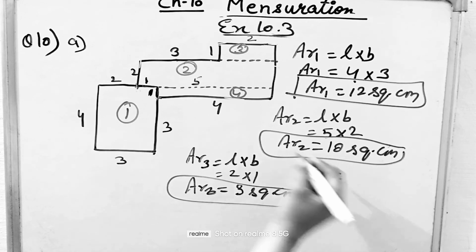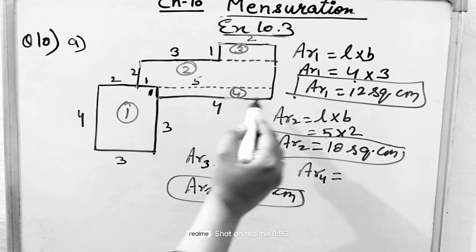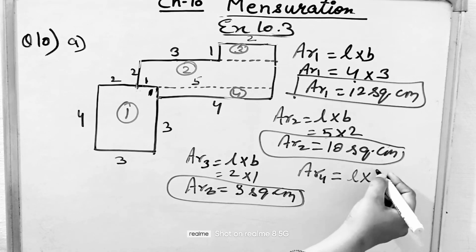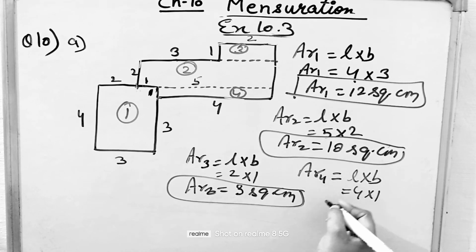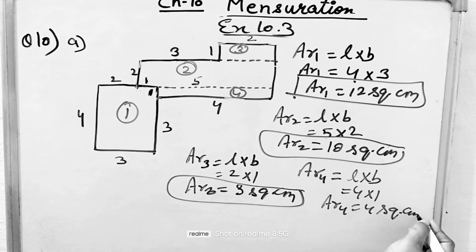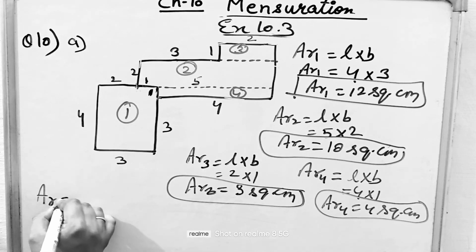The last area is of this fourth rectangle. You can see length is 4 and breadth is 1. So you simply put the values 4 into 1 and you will get the area of the fourth one also. Now all 4 areas are with you. You just add them and you will get the area of this figure.